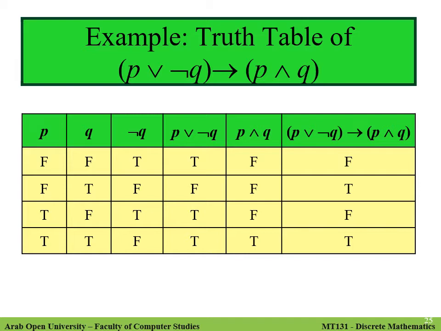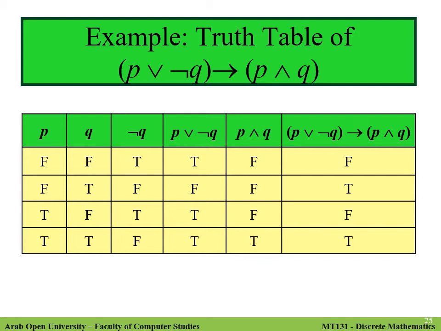We need a column for P, a column for Q, a column for not Q. Then for this sub-expression, P or not Q, we need a column. Also for P and Q, you should have a column.